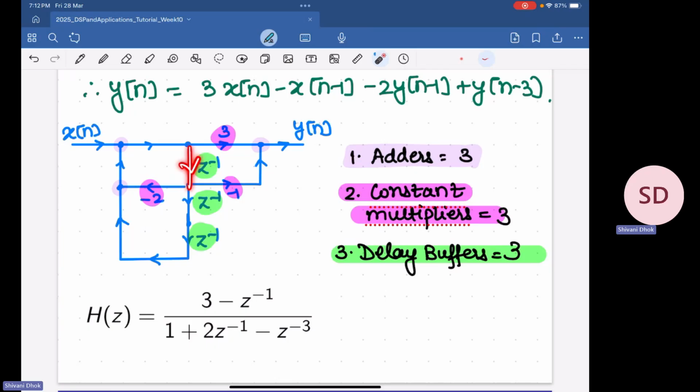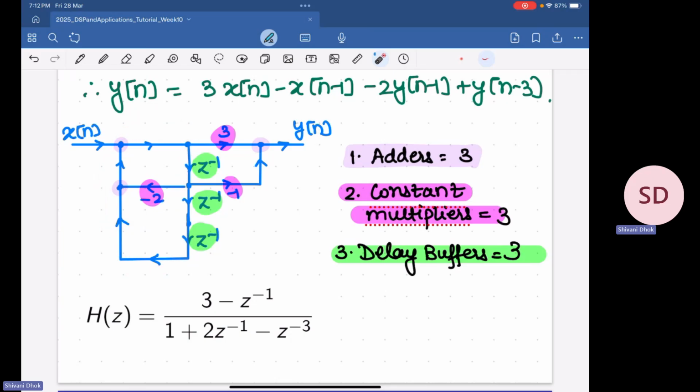Then you have a z inverse, and that z inverse gets multiplied by the negative of the coefficient, that is minus 2. Then you have minus z to the power minus 3. So one delay, another delay, and then again multiply by the negative of the coefficient of z to the power minus 3 and add it. Now this part corresponds to your denominator.